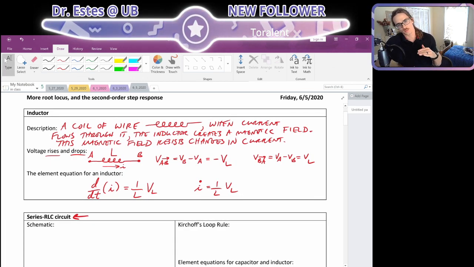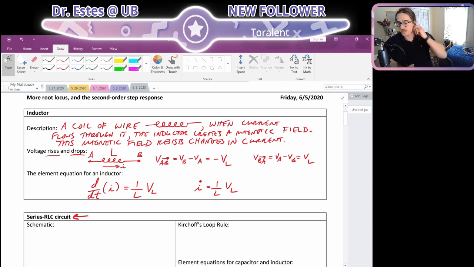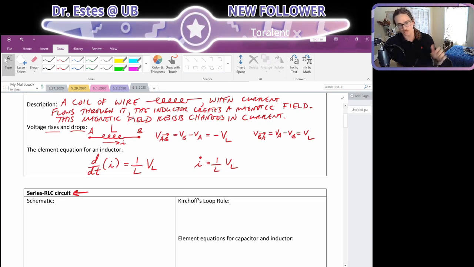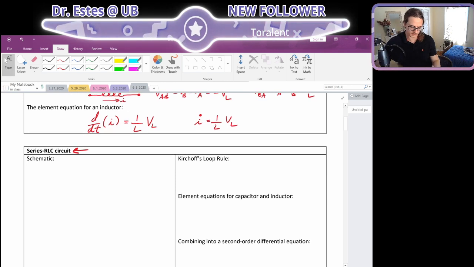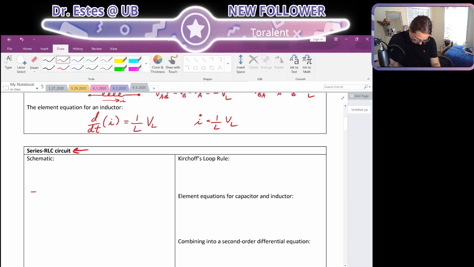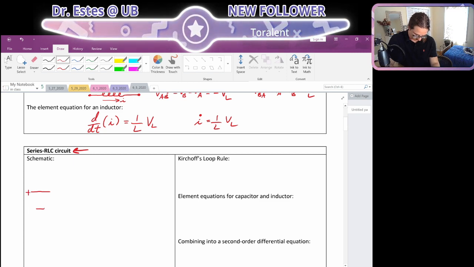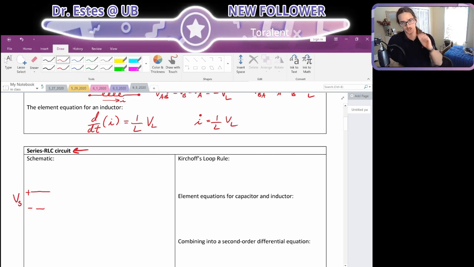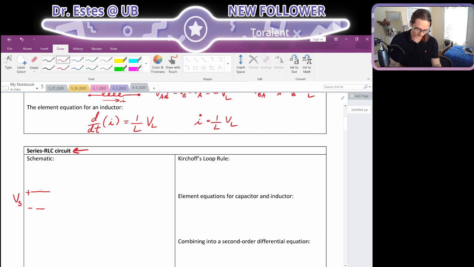And now, to show how this works in the circuit I showed you earlier, we're going to apply Kirchhoff's loop rule on this circuit. Let's draw the schematic first. I'm going to put in a source voltage, plus minus. I'm going to provide this source voltage from my Arduino.